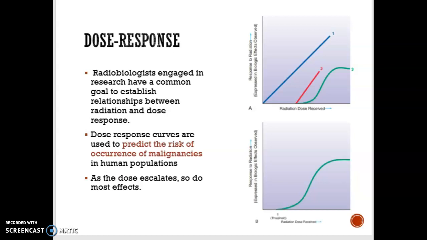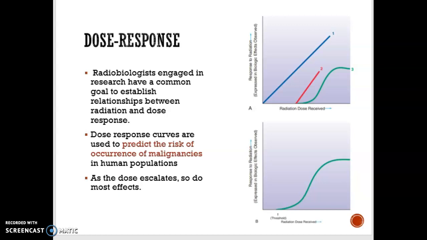Now, looking at the term threshold, it may be defined as a point at which a response or reaction to an increasing stimulus first occurs. With reference to ionizing radiation, this means that below a certain radiation level, no biological effect is observed. Biological effects begin to occur only when the threshold level or dose is reached. So a non-threshold relationship indicates that any radiation dose has the capability of producing a biological effect.